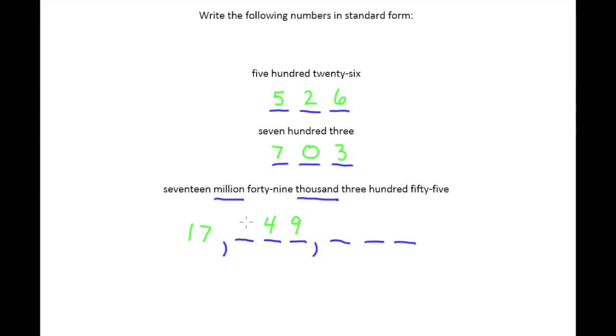So since I didn't use up the 100,000s place, I'm going to of course put a 0 there. And then finally, moving on, I've got 355. Well, a 3 clearly goes in the hundreds place, and then 55 means I'll put a 5 in the tens and a 5 in the ones.